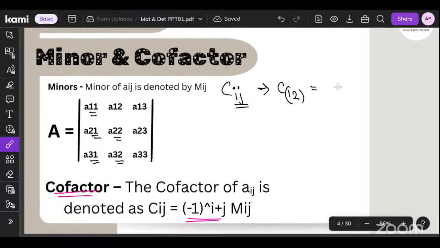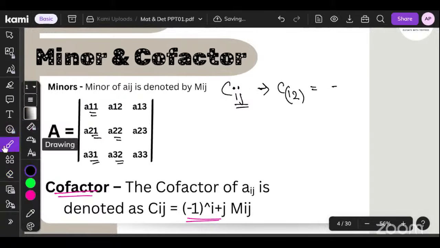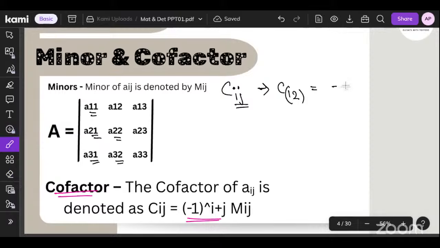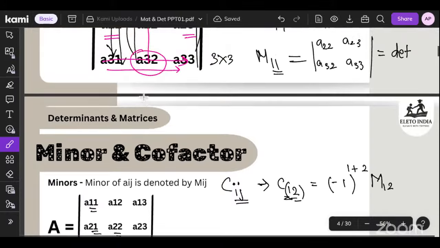Replacing in the standard formula, we will be getting minus 1 whole power i plus j. What is i here? i is 1, j is 2, so it will be 1 plus 2, M12. What is M12? We have already seen in the previous slide.